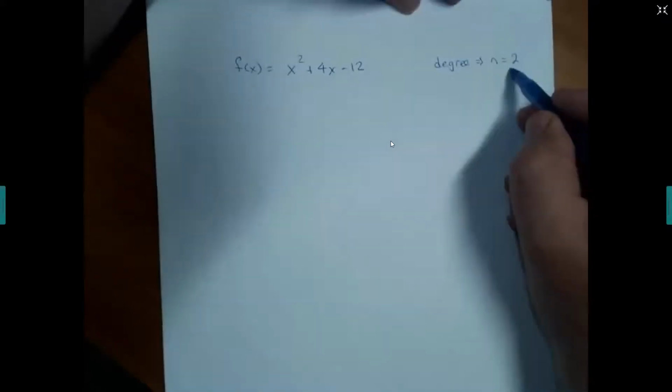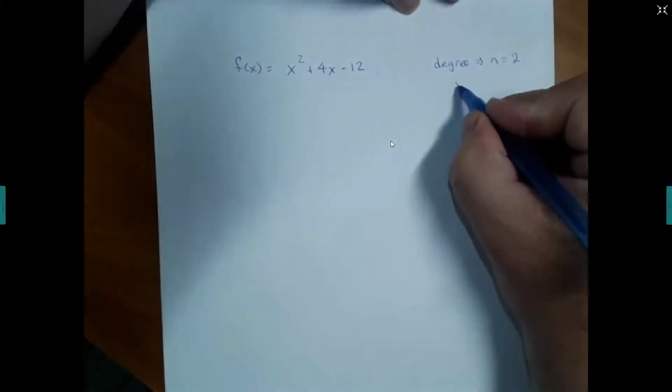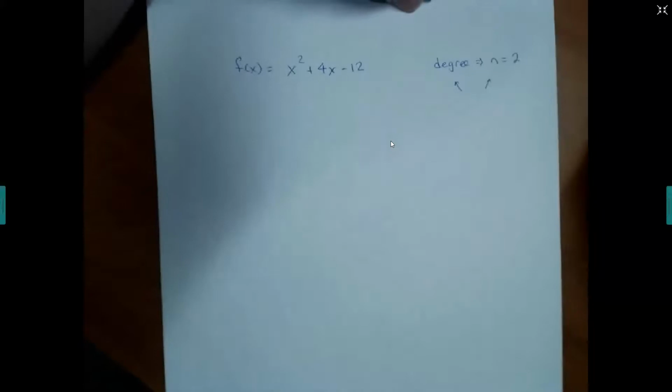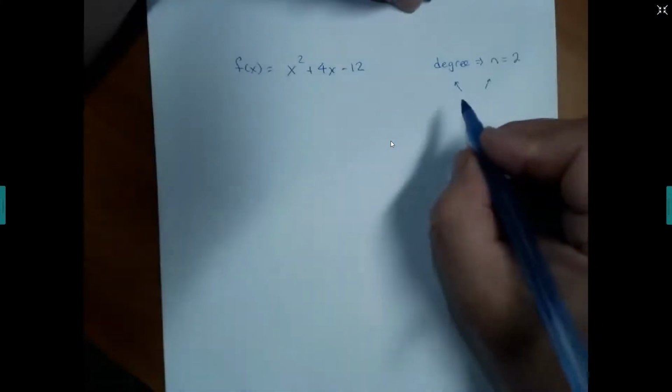So what do we know about our end behaviors for this polynomial? Yeah, it's the same direction. Since it's positive, we know both ends will point up. What else can you tell me?